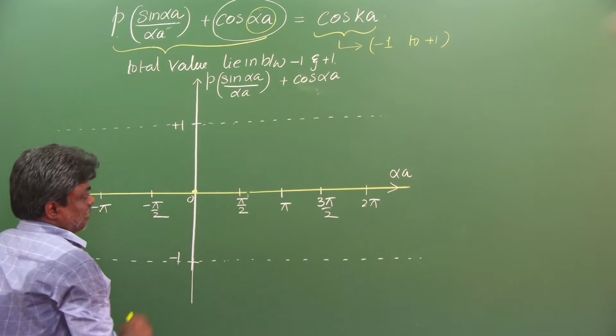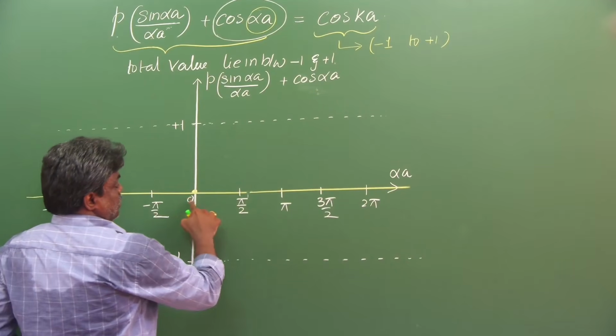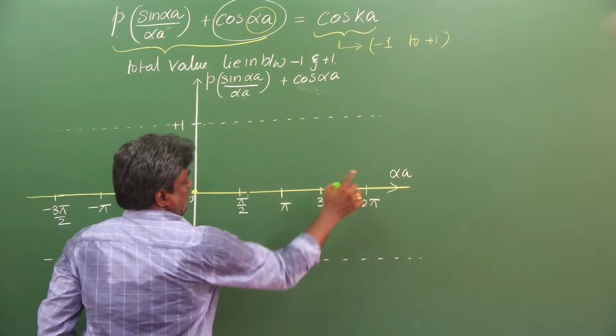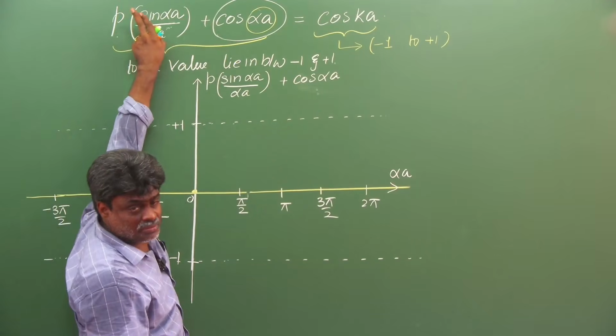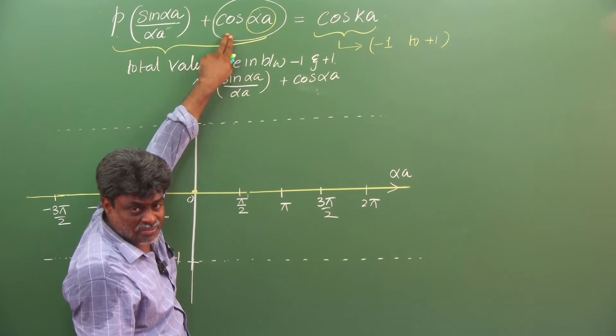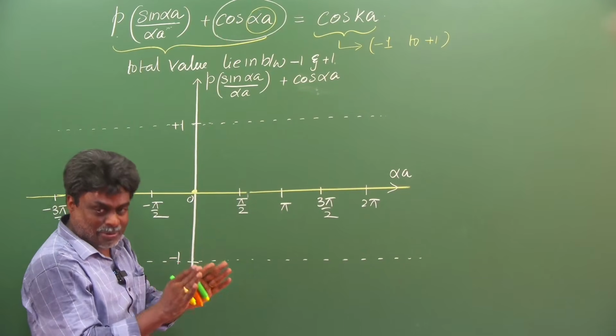Now ready? Carefully observe. Now these are my 0, pi by 2, pi, 3 pi by 2, 2 pi. Forget about this, only dominating is cos alpha. We are not finding exact values, approximations.